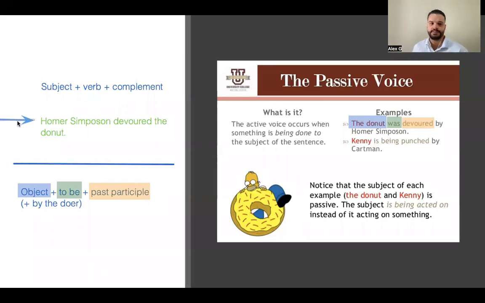So here we have the active sentence. Homer Simpson devoured the donut. This is the regular sentence, subject, verb, complement. And then we have the passive sentence, which is the donut was devoured by Homer Simpson. Okay? Make sure to practice, make sure to only include the doer of the action if it's absolutely necessary.